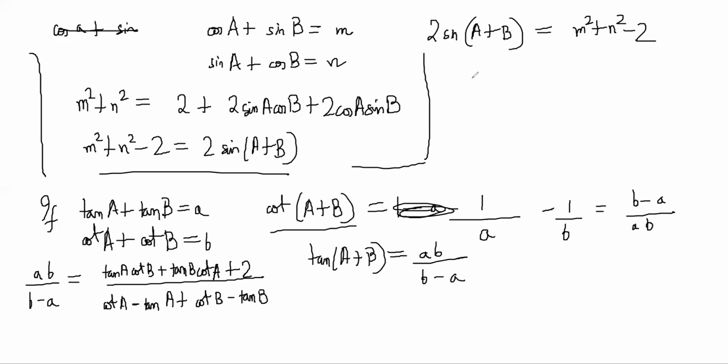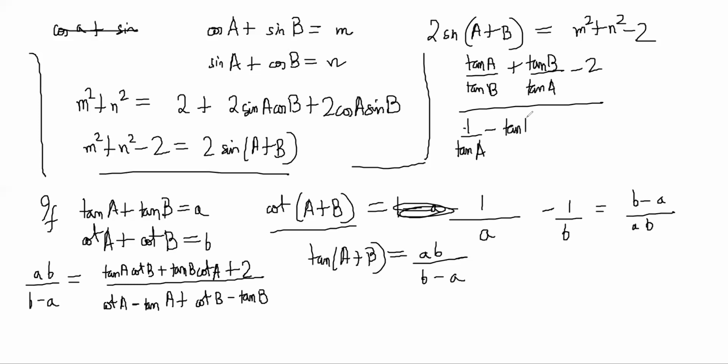So it is tan A by tan B plus tan B by tan A plus 2, over 1 by tan A minus tan A plus 1 by tan B minus tan B.